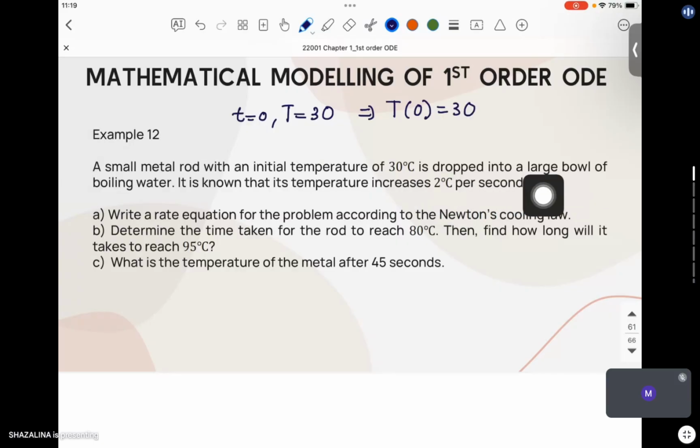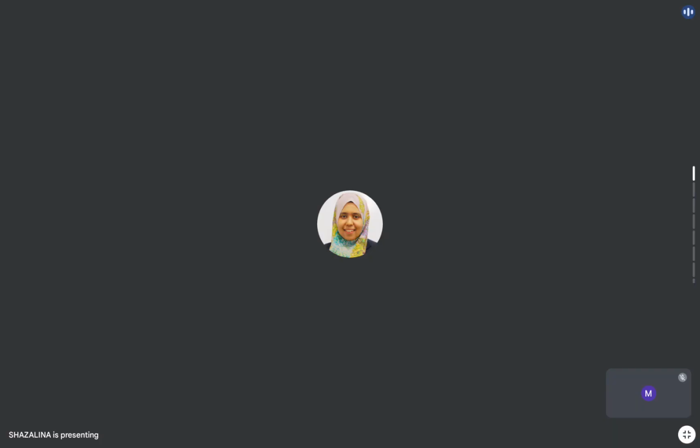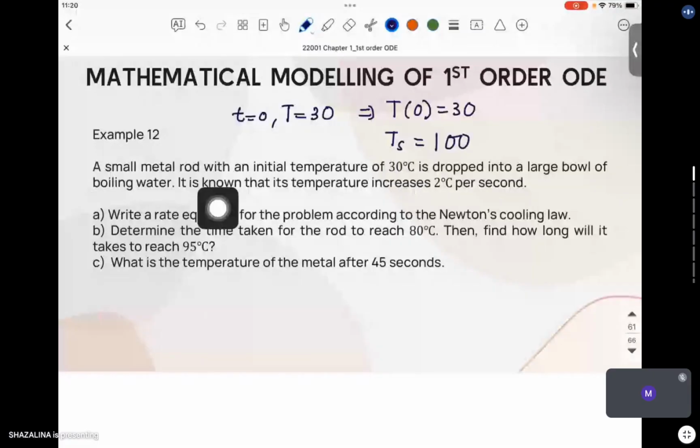Is dropped into a large bowl of boiling water. So our surrounding temperature here is boiling water. Boiling water, berapa? 100. Okay, so Ts is 100. Next, it is known that the temperature increases 2 degrees Celsius per second.